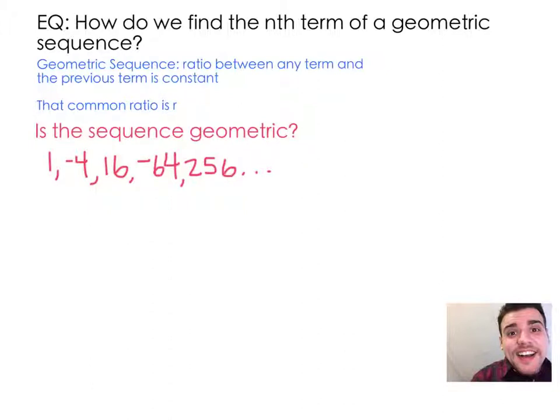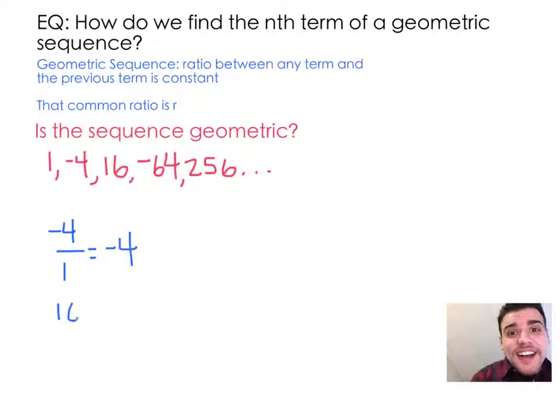So if we look at this, is the sequence geometric? We just look at the ratio between any two consecutive terms. So the ratio between -4 and 1, -4 over 1, equals -4. Now if that ratio stays constant, then it's geometric.